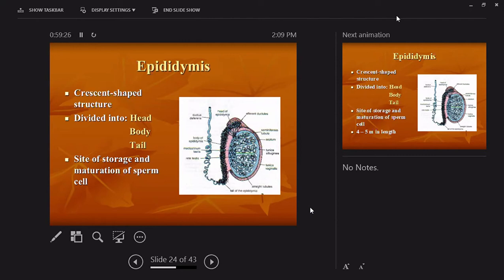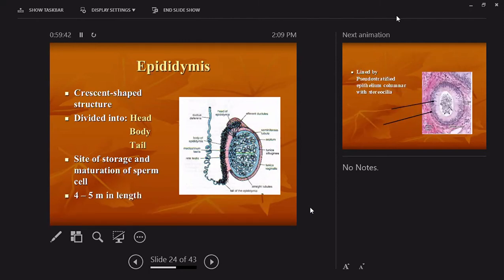Some are matured, some are not yet mature, and they are not yet released. The epididymis is about 4 to 5 meters in length. That's a lot, no? Of course, it also makes space and expands when you have more sperm cells there.